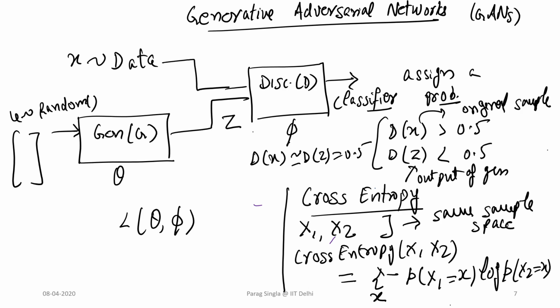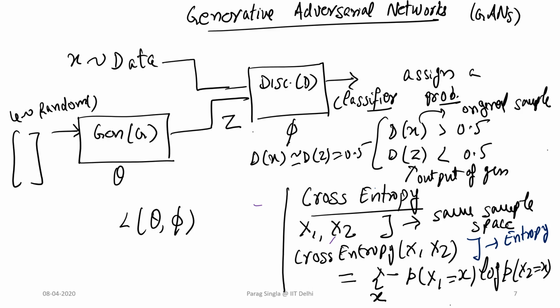And note that this entire expression reduces to the entropy function when x1 and x2 have the same distribution. And it can be proved that, suppose I fix the distribution of variable x1 and I vary the distribution of variable x2, then the cross entropy between x1 and x2 is minimized when x2 has a distribution identical to x1.